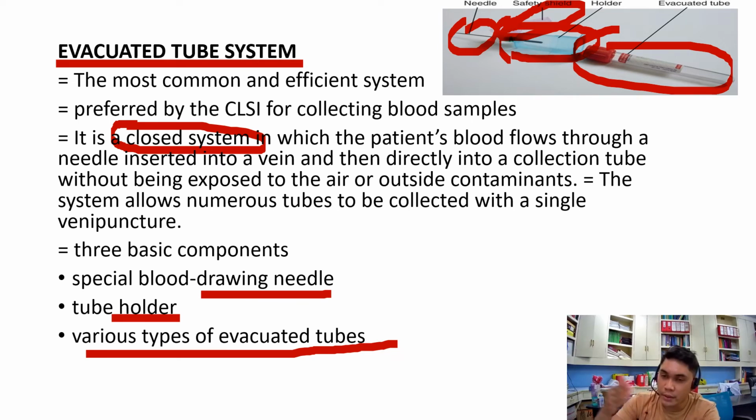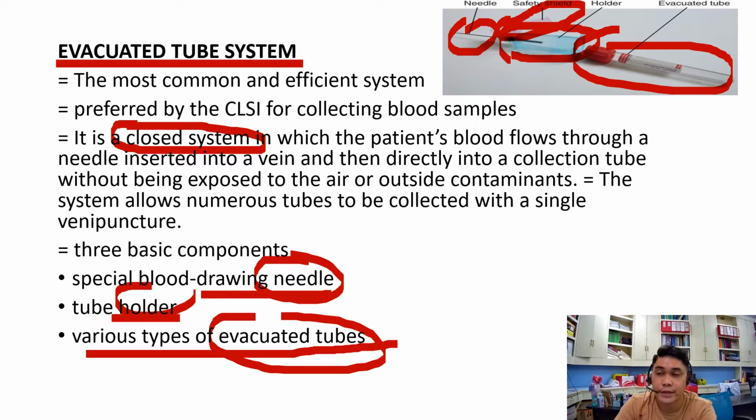But there are some needles with safety feature like this one. Okay, so safety shield, that's an example of a safety needle. Okay, so basic components, you have needle, holder, and the tube. That's for ETS.